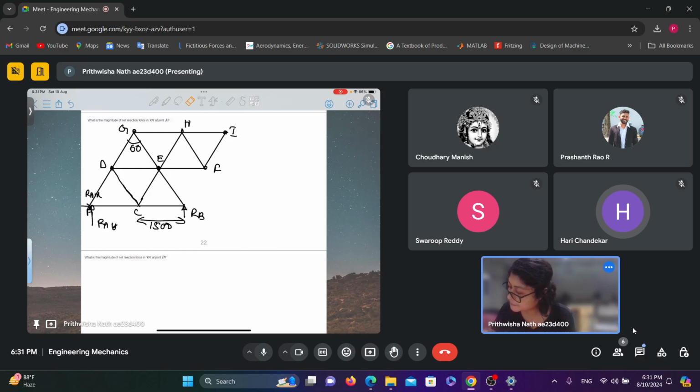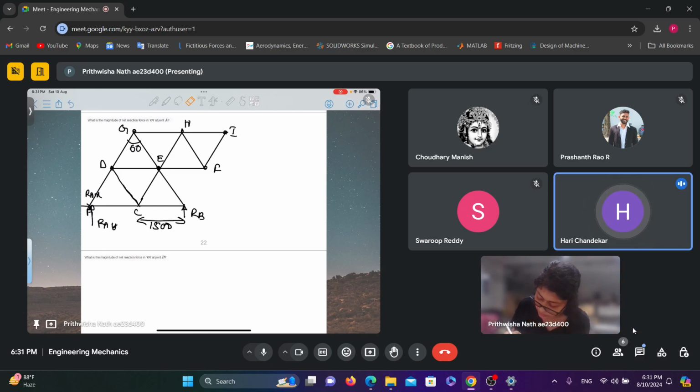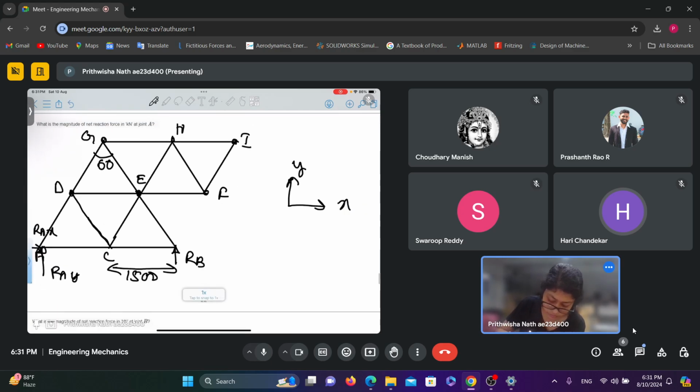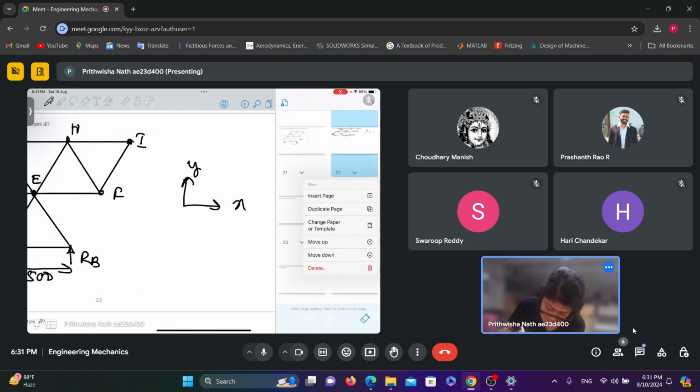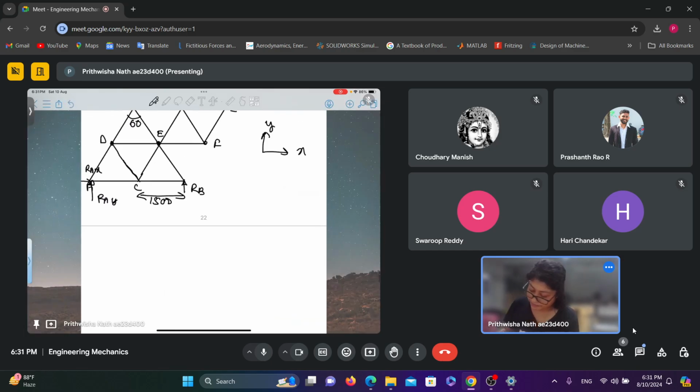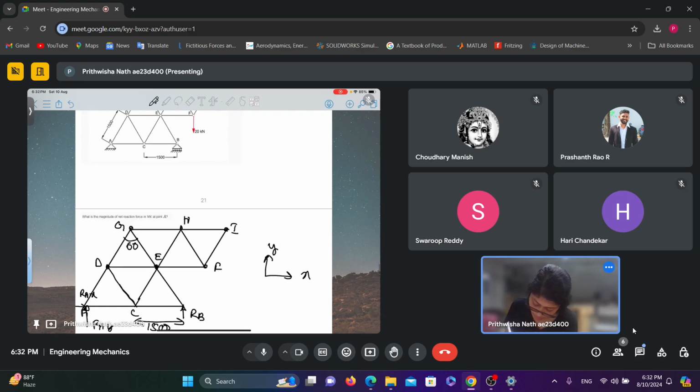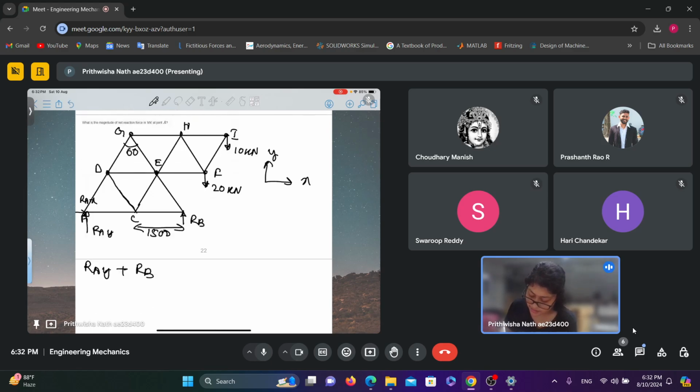So, I'll solve this question. RAY is in the opposite direction to that which they were doing. RAY plus RB is 30 kilonewton.